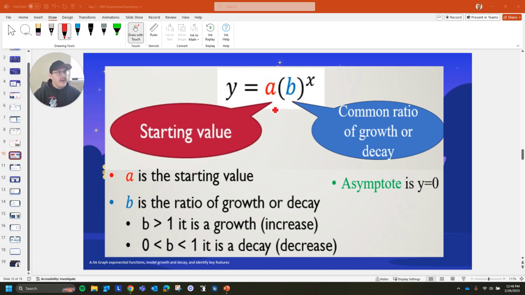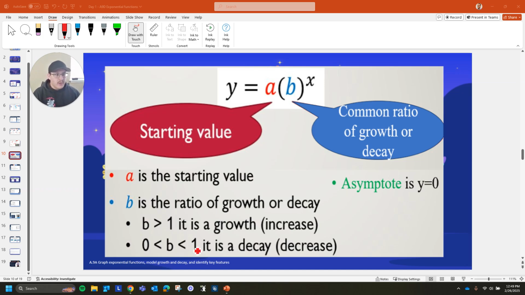The b value, the base, is the ratio of either growth or decay. We didn't mention this before, but if you've been noticing some things, any number where the base is bigger than 1, we notice that there is an increase. We call that growth. That is exponential growth that is happening.